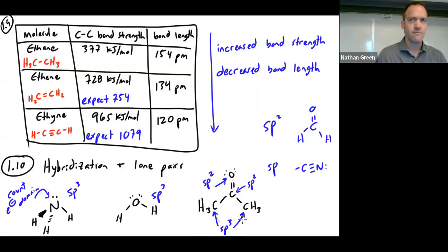Everybody see how I'm doing that? Moving kind of quick here. Counting up the total number of electron domains, it's either going to be bonds or lone pairs, and using that to determine my hybridization. You count a double bond as 1 electron domain.